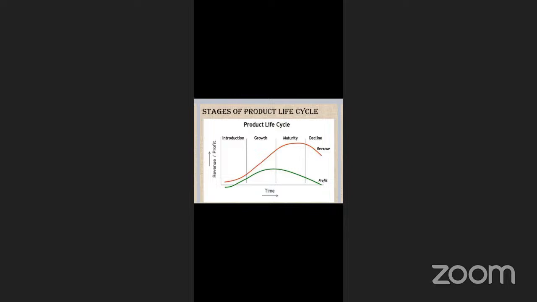Now one more problem is distribution channels. A new product, the distributor may not readily accept to buy the new product and give it a place in his already occupied market.